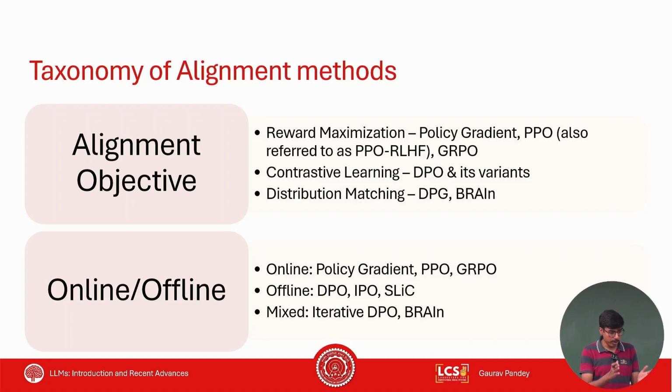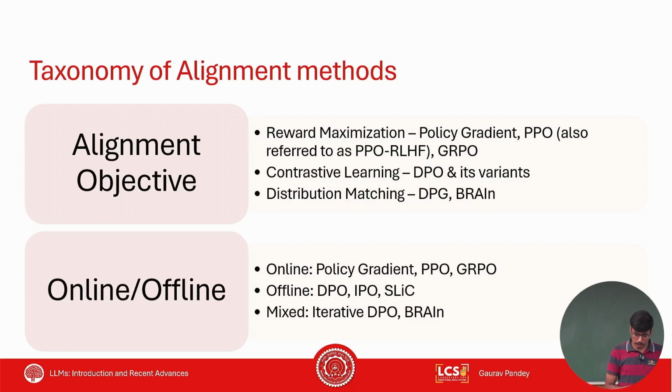There are multiple ways. I have shown here two ways to classify alignment methods. The first one is based on the objective that you are concerned with. So whether you are interested in maximizing the reward, where we'll talk about where the reward comes from, or it might be the case that you want to contrast between good outputs and bad outputs, and you don't have a reward function as such.